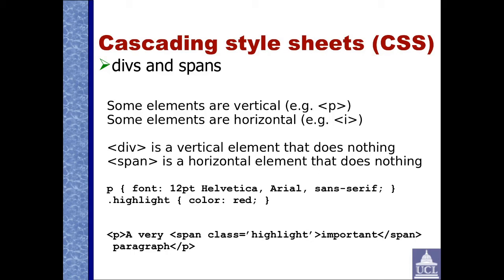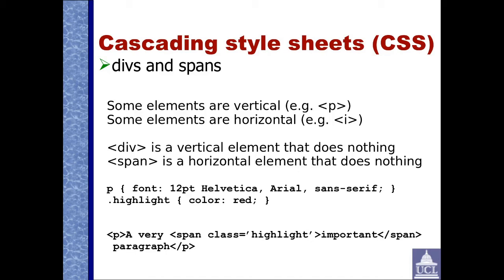Well, there are two special tags or elements provided by HTML to work with CSS which actually do nothing other than allow you to specify a particular class. If you think about some elements like the paragraph tag, for example, they are vertical in nature. In other words, they're splitting up things as you work down the page.